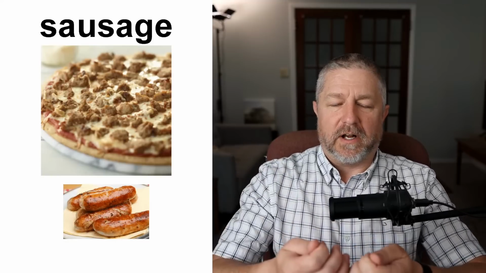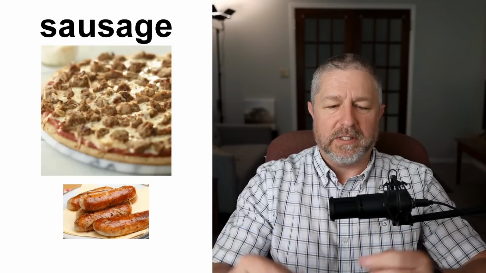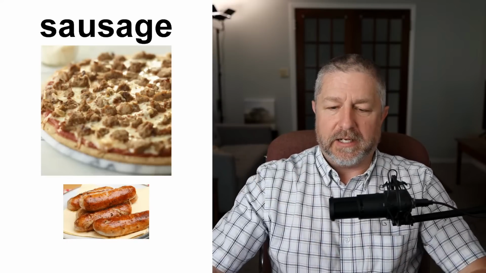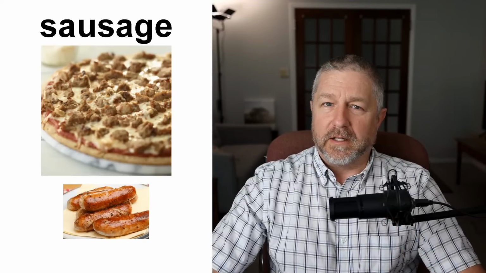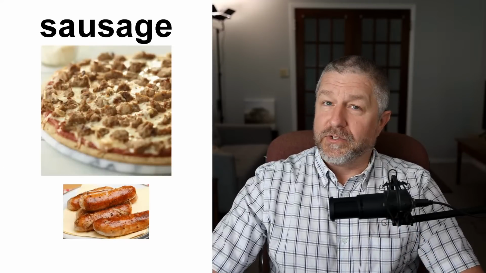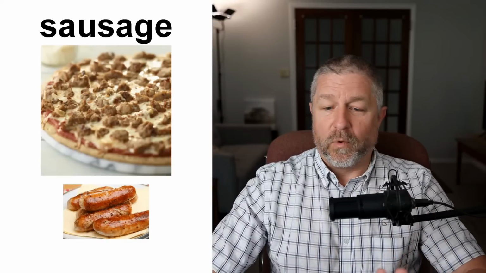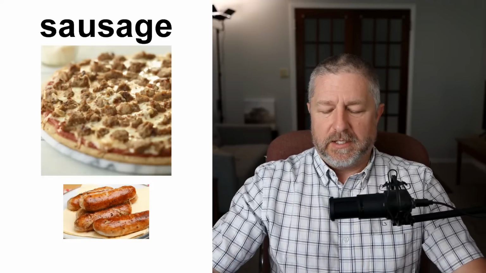If you break the sausage open and you crumble it up, so you make it into tiny little pieces, that's how we would use it on a pizza. And again, it's different in different places, but a meat lover's pizza might have pepperoni, bacon, and sausage. It might have pepperoni, ham, bacon, and sausage. It might have a whole bunch of different types of meat. And it's called a meat lover's pizza.